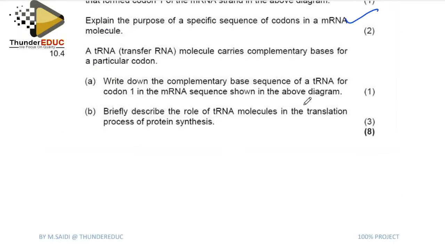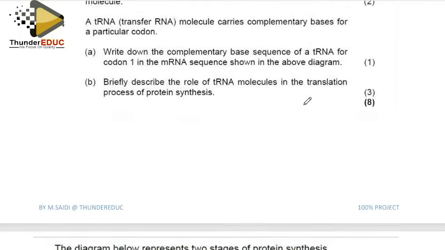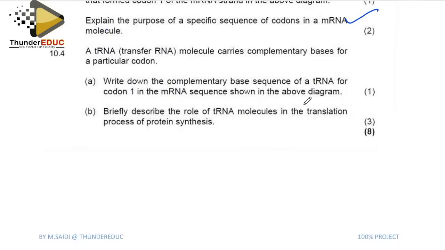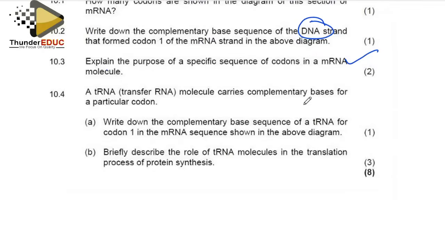We got the next question. They are saying briefly describe the role of transfer RNA in the translation process. The function of tRNA: it carries a specific amino acid to the ribosome when its anticodon matches with the codon of the messenger. It is here.